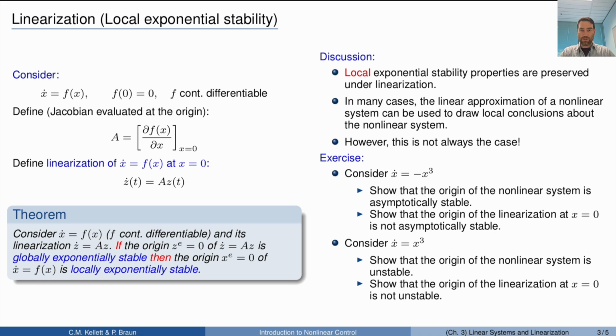But then if we look at the linearization, we end up with the same linearization for both systems, implying that the linear corresponding system is actually stable, but we can't draw a conclusion for the nonlinear system.